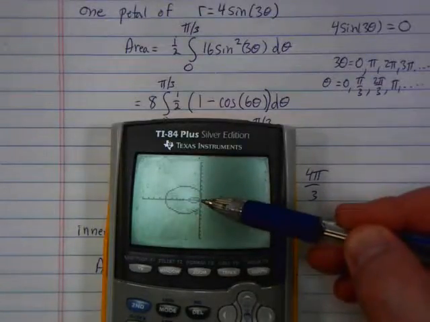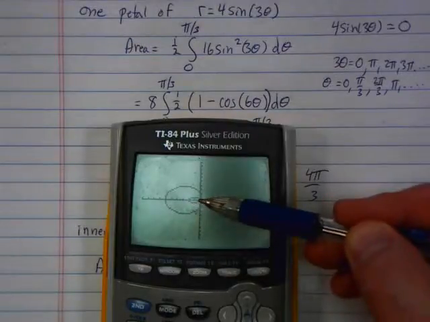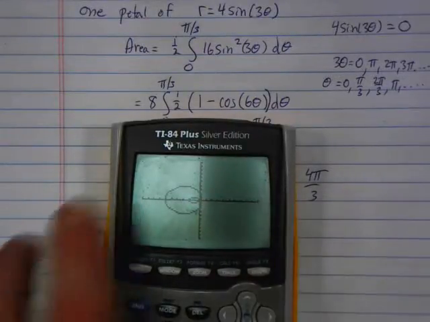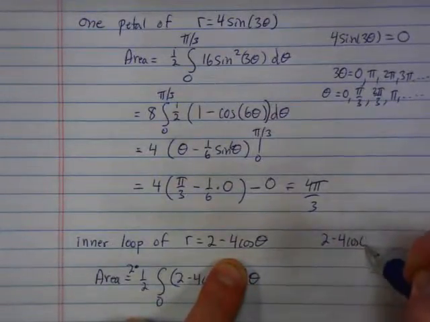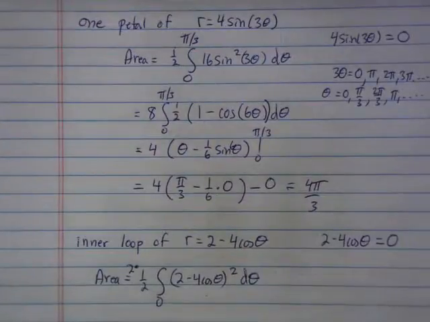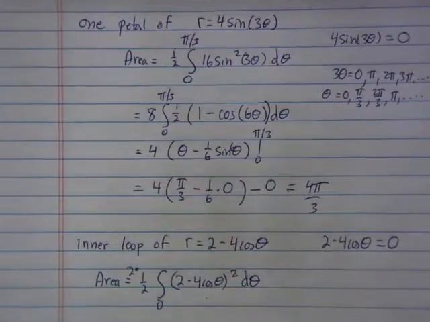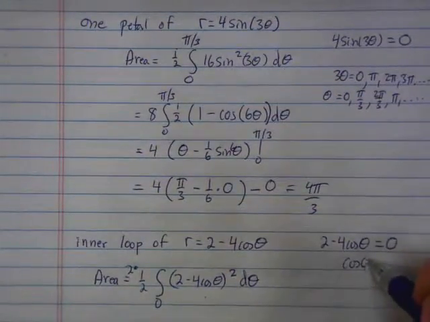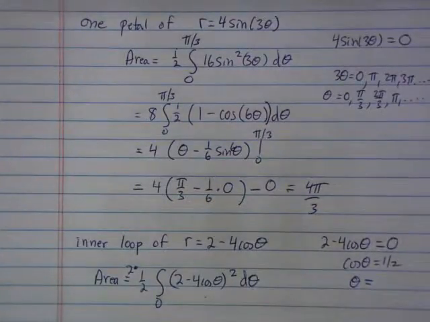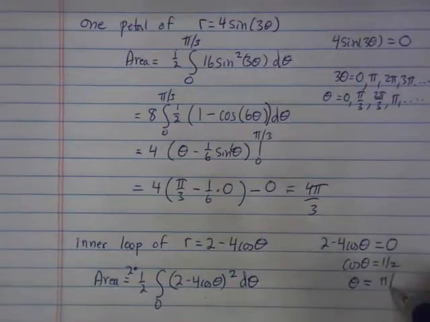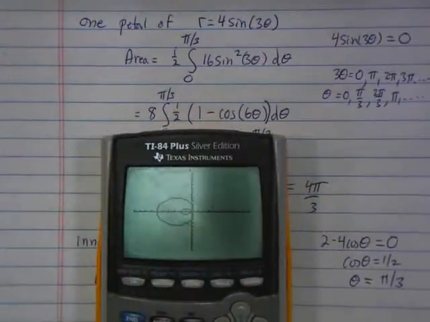The lower half of that inner loop stopped right at the origin, which means I need 2 minus 4 cosine theta to be 0. That's when it hits the origin, when the radius is 0. That's the same as saying cosine theta is a half. So theta is, cosine of what gives a half? Pi over 3.